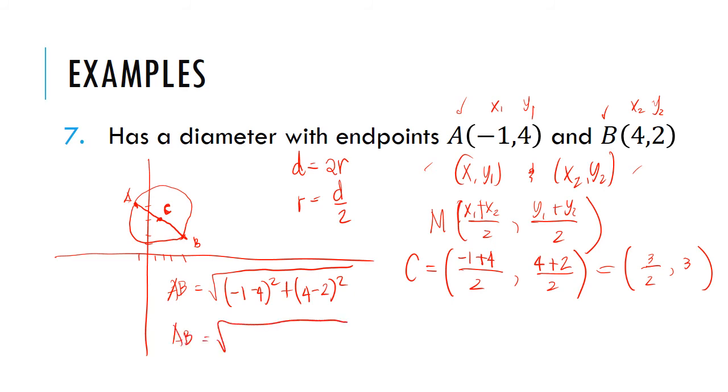So distance AB is equal to the square root of negative 1 minus 4, which is negative 5, squared, plus 4 minus 2, which is 2, squared. That is the square root of 25 plus 4, that is the square root of 29. So AB is the square root of 29. That is the diameter.